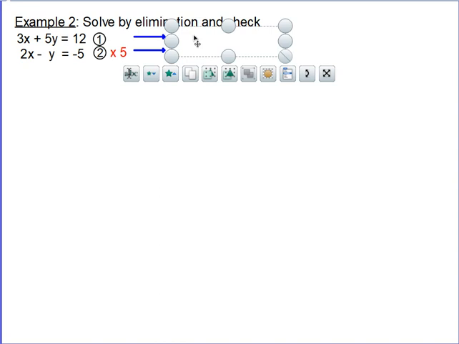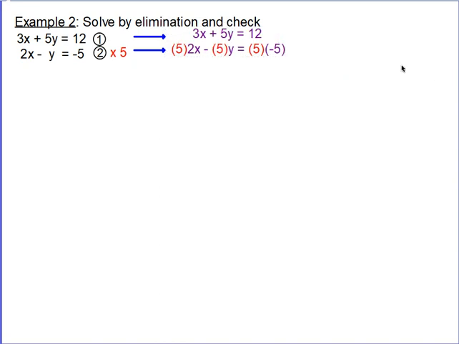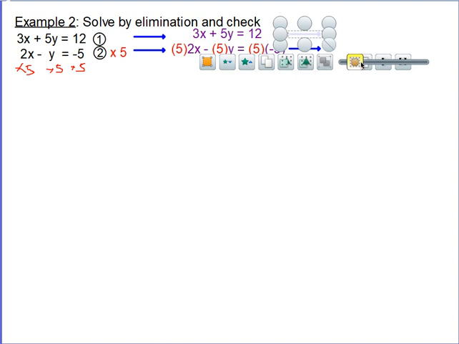So the first one is not going to really change at all. But the second equation, we're multiplying each term by 5. Now you could express it this way. The only reason why I have it expressed this way is because I'm on a computer. But you could just write, okay, times 5, and times 5, and I'll get the idea of what you're doing. And you might even just state that way over here.